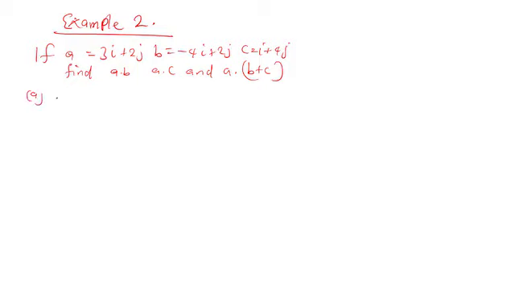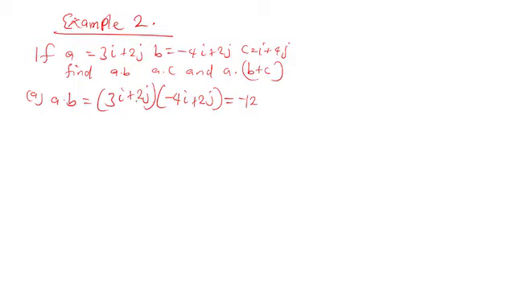Let's go to the first one, A dot B. Remember the rule, we only multiply where we have equal coordinates. So A dot B is 3I plus 2j multiplied by minus 4I plus 2j. 3 times minus 4 is minus 12, and I times I is 1.